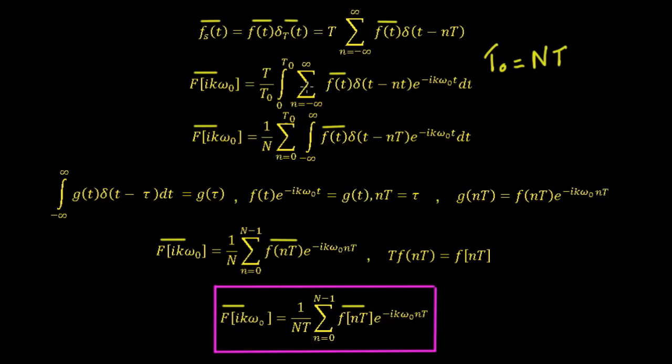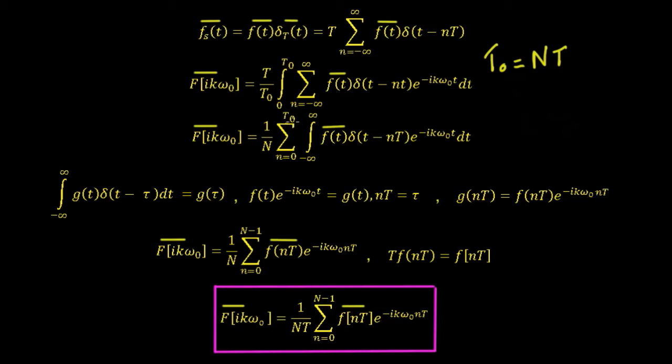We don't need to get into all the details of the analytics, but you can always look that up if you're interested. But that tells us that if this thing converges, we're able to swap the limits of the summation and the integrand. So it means that we can change this to the integral from minus infinity to infinity, and the sum from 0 to our value of T naught.